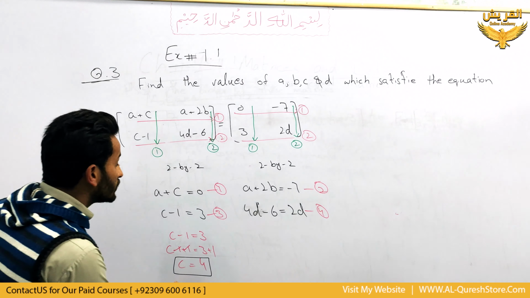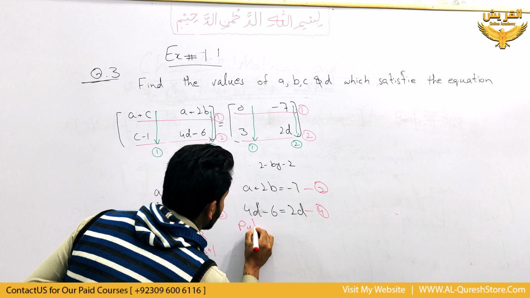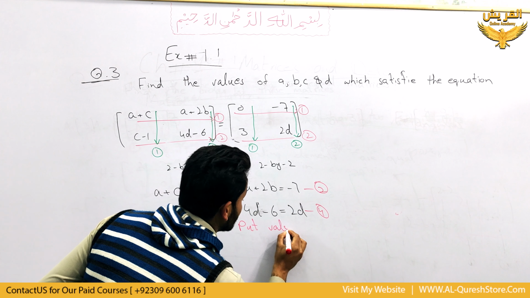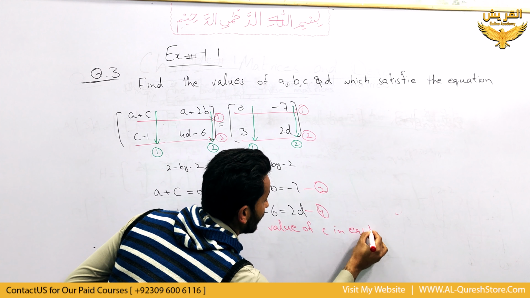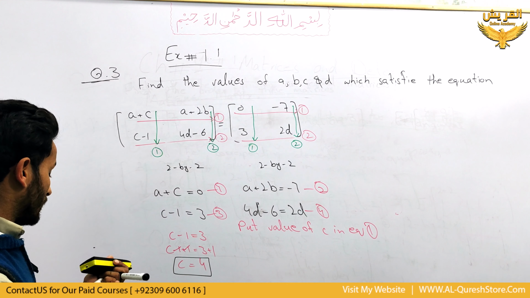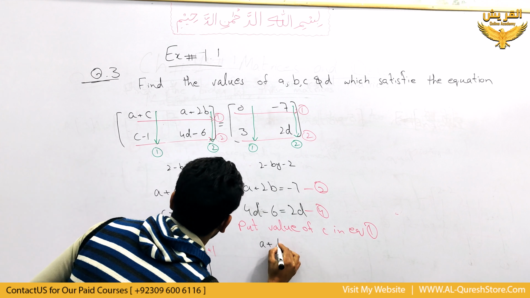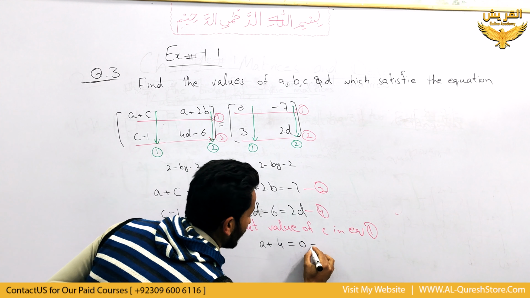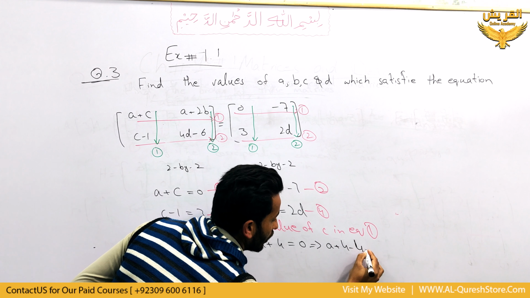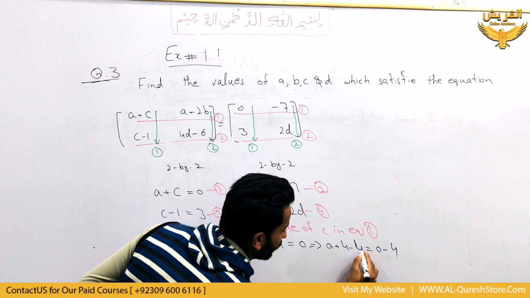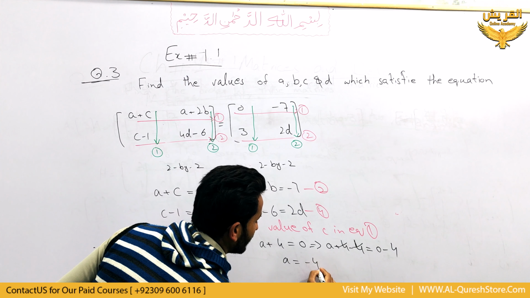Now we put the value of c in equation 1. First equation, a plus the value of c, which is 4, is equal to 0. So a plus 4, subtracting 4 on both sides, 0 minus 4. Minus 4 plus 4 cancel out, a is equal to minus 4.